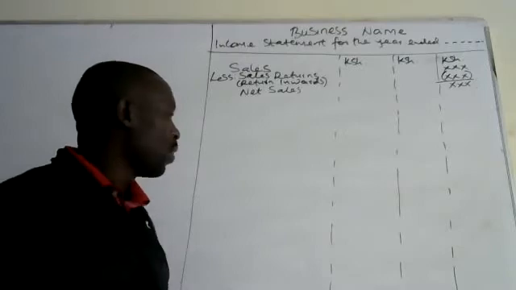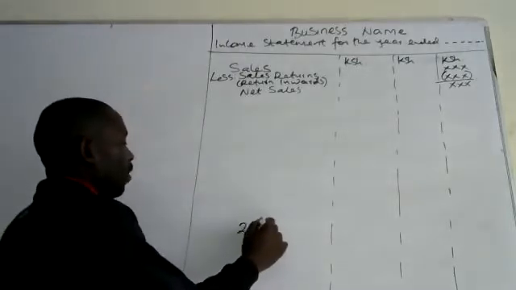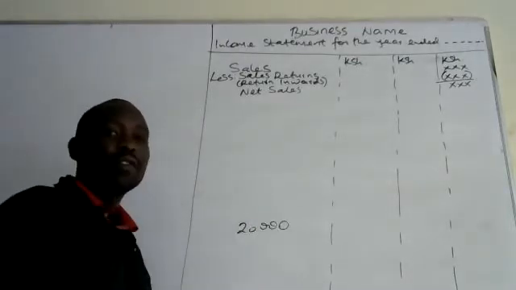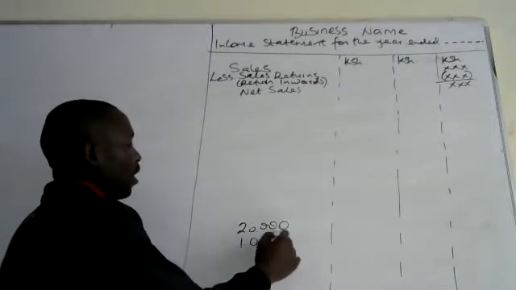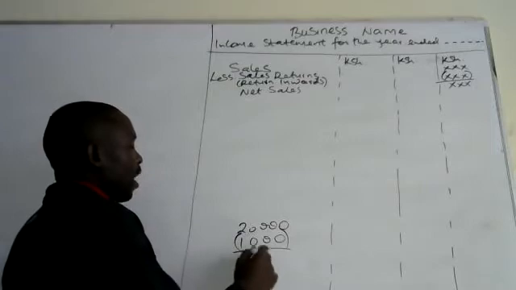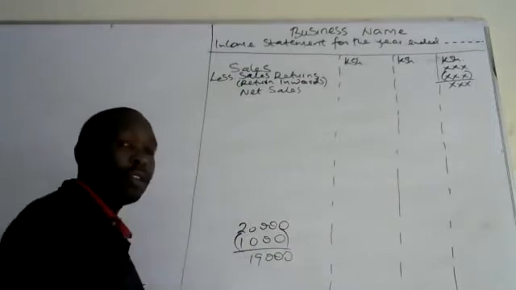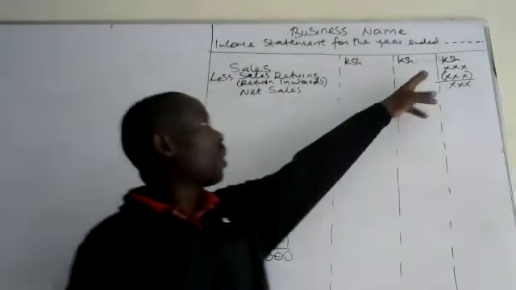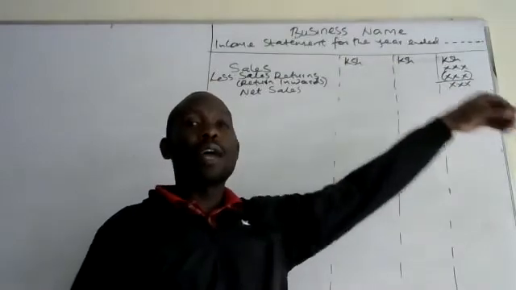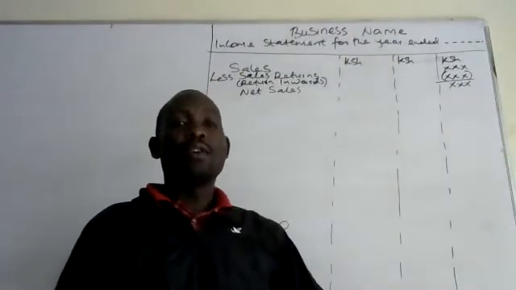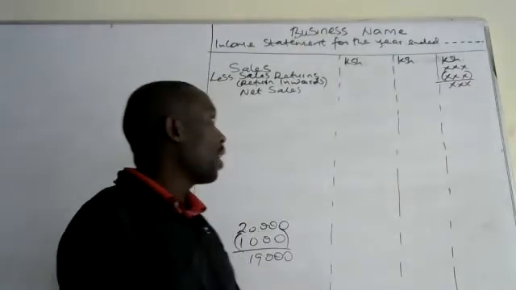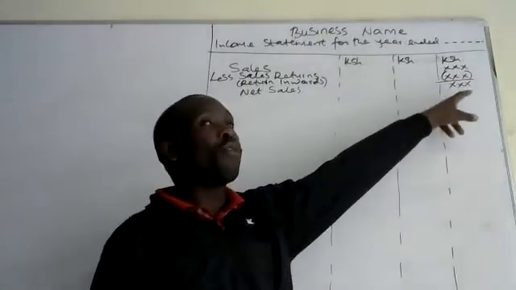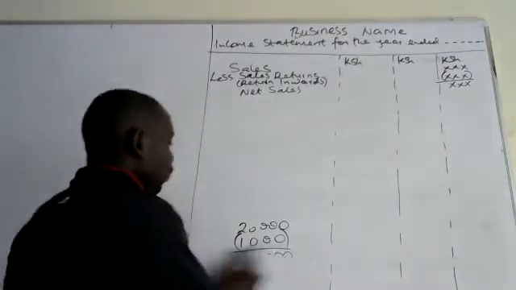So if I sell goods of 20,000 to customers, but a particular customer returns goods worth 1,000, in short I have just sold goods worth 19,000. So I less what has been returned, because that item, ideally, has not been sold. It is going back to the shelf. That's why we less it, so that we can get the actual value of goods that were sold.